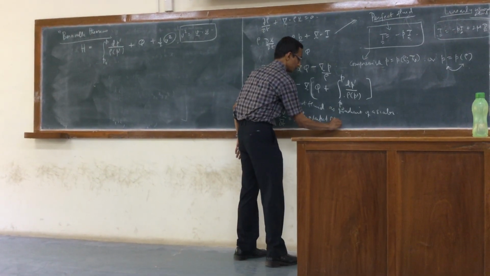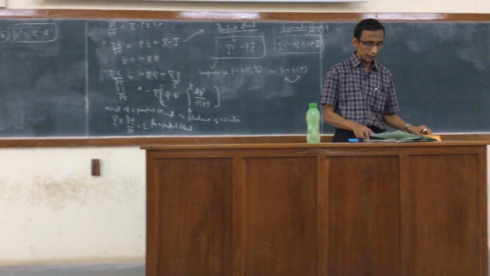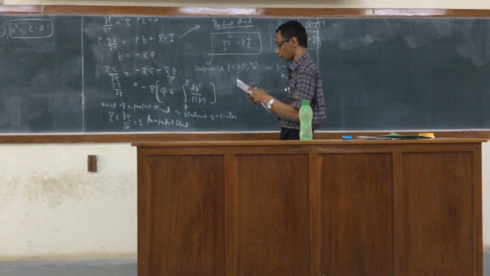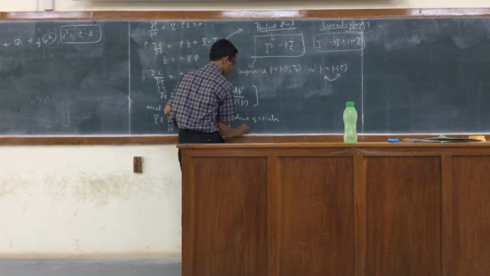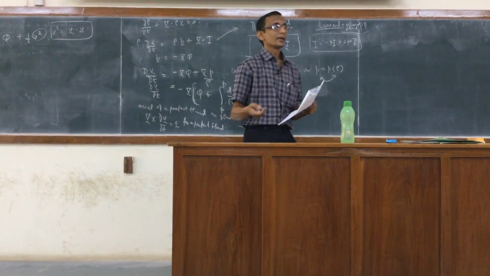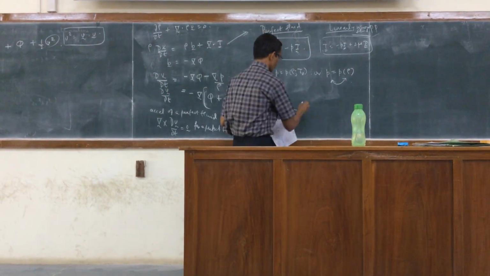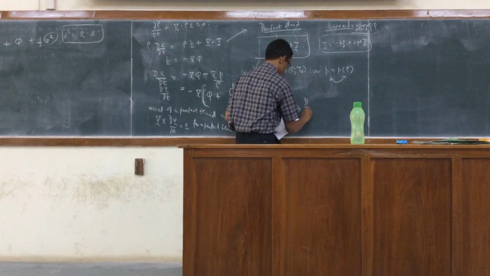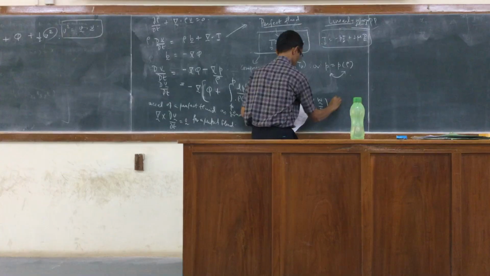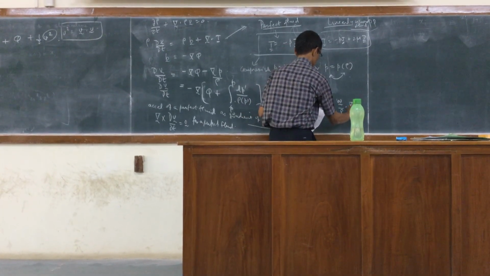I can immediately simplify the equation that we wrote down earlier, namely the Bernoulli vorticity equation. It has the curl of the acceleration as one of the terms. That will drop out. The Bernoulli vorticity equation will become that.